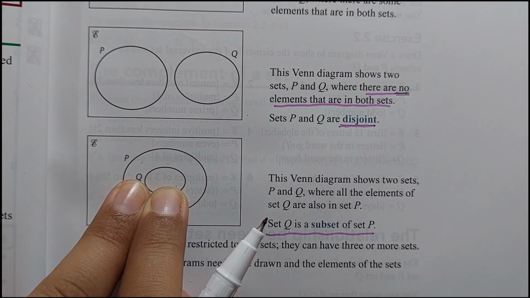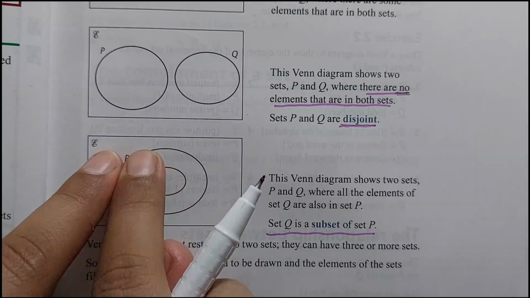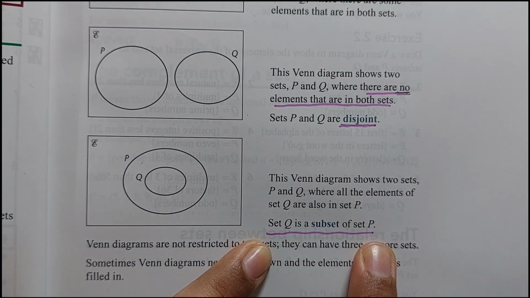Because Q is inside P, but P contains some elements which are not in Q. So only Q is a subset of P.